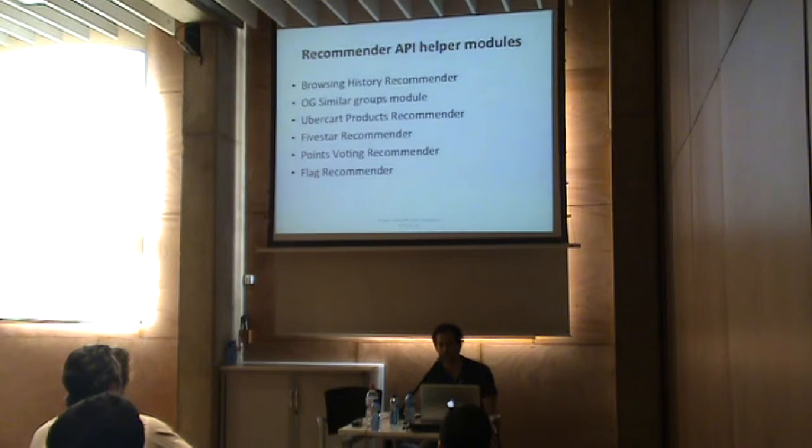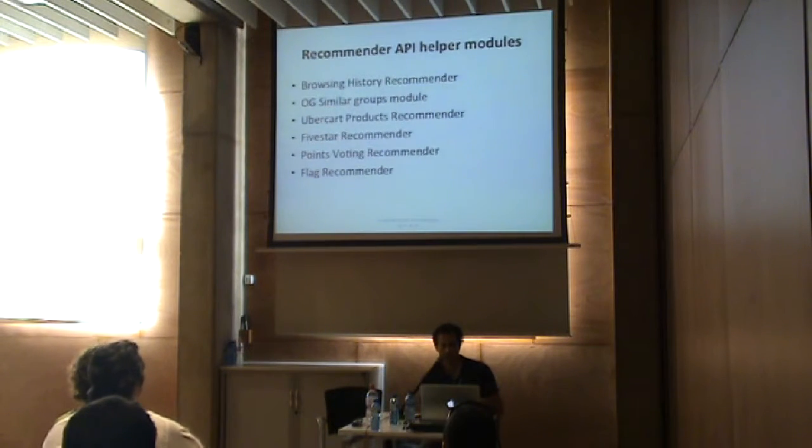I mentioned briefly there are these helper modules already available for Drupal 7 and I think for 6. Browsing history, OG similar groups. I mentioned Ubercart's product recommender. There's the 5-star recommender, which says users who have rated these items highly have also rated these items highly, and therefore we can recommend them to you because you had the first items in your ratings that you've been saving inside this recommender module.